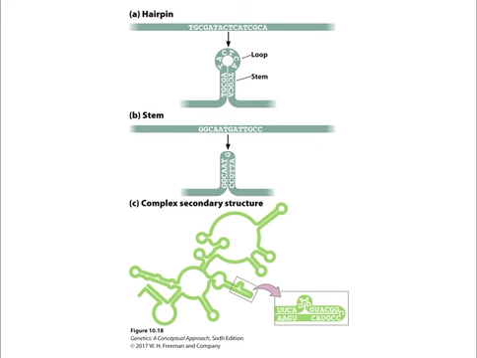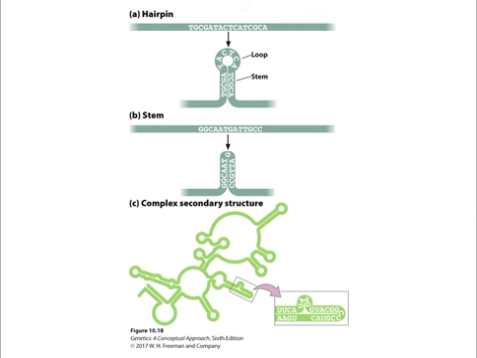Okay? Sequences within the single strand of nucleotides can be complementary to each other and form those hydrogen bonds and produce those double-stranded regions. The internal base pairing imparts secondary structure to the single-stranded molecule, and we have the example of the hairpin and the hairpin loop. Okay?